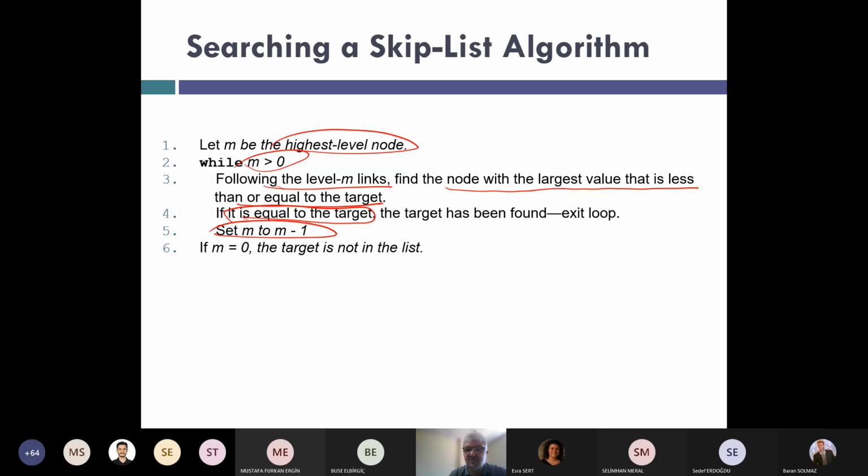If we found equal to the target, of course, we exit the loop and announce the result. If we go through all the levels until the first level, and if the target is not in the first level as well, then we can say that the target is not in the data structure and announce the unsuccessful find operation.